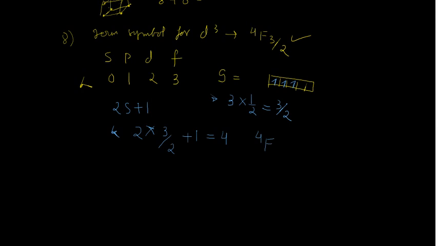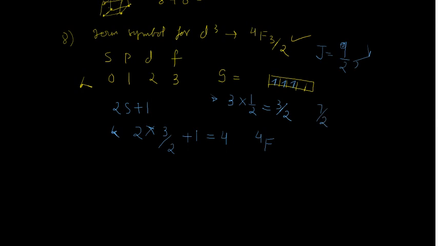I am not actually calculating the J values here, but different J values would be 9 by 2, 7 by 2, 5 by 2 and 3 by 2.